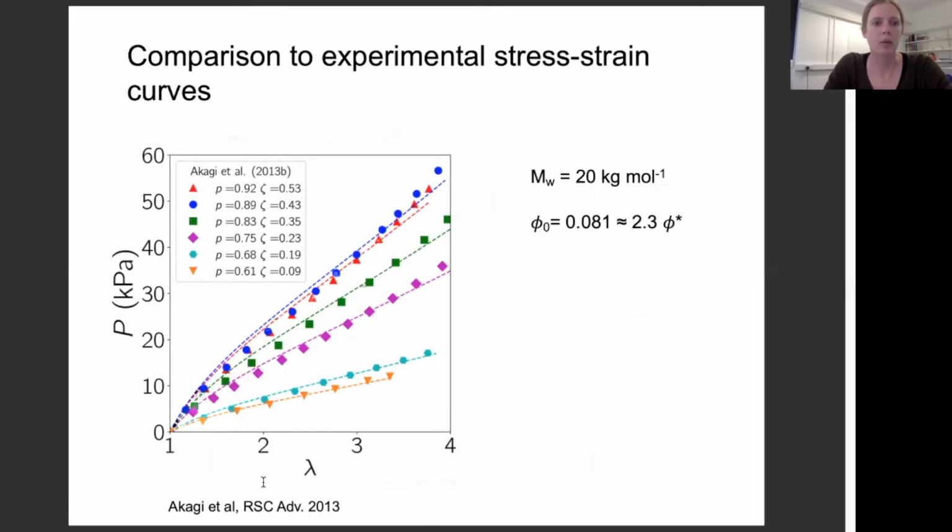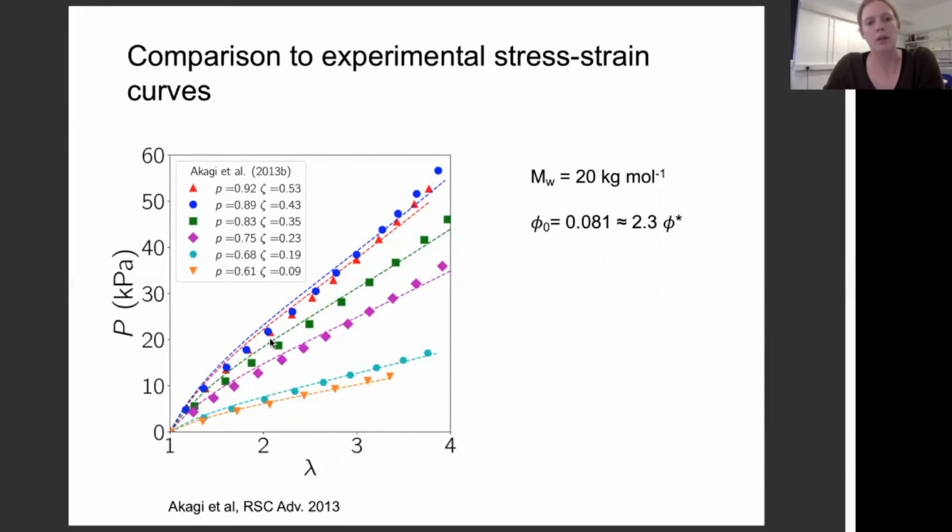An example is here: you have stress-strain curves for Tetra-PEG gels with this molecular weight and this volume fraction. These are stress-strain curves for different p values, so different reaction efficiencies. The p values here are the experimentally reported values, and the dashed lines are the fits with the random network model.